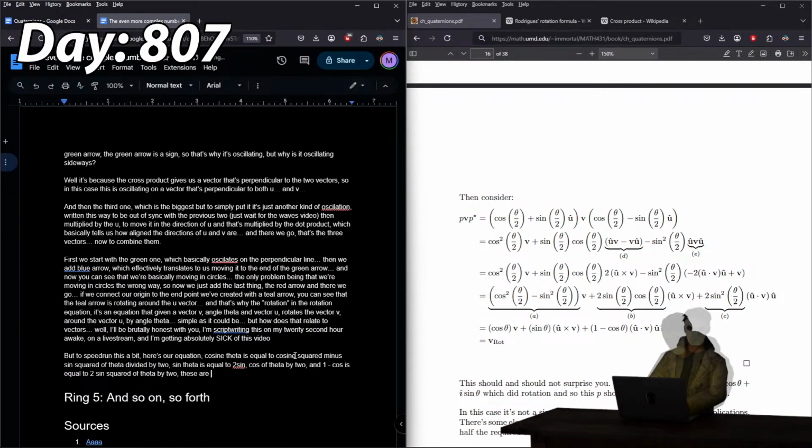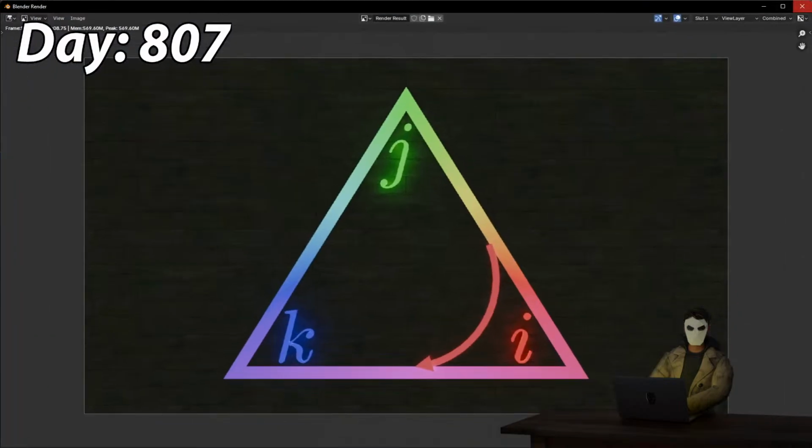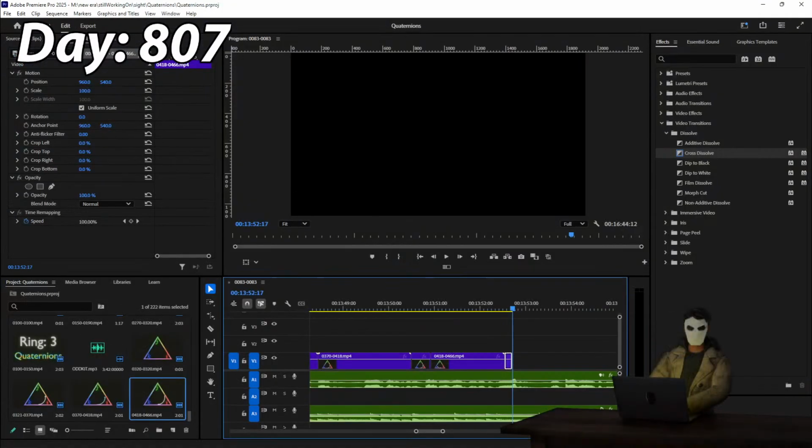These are all just trigonometric identities of different kinds, so that's boring. I'll leave it for the waves video, the waves video I've been foreshadowing for a year now. Just leave it there. It's fine.